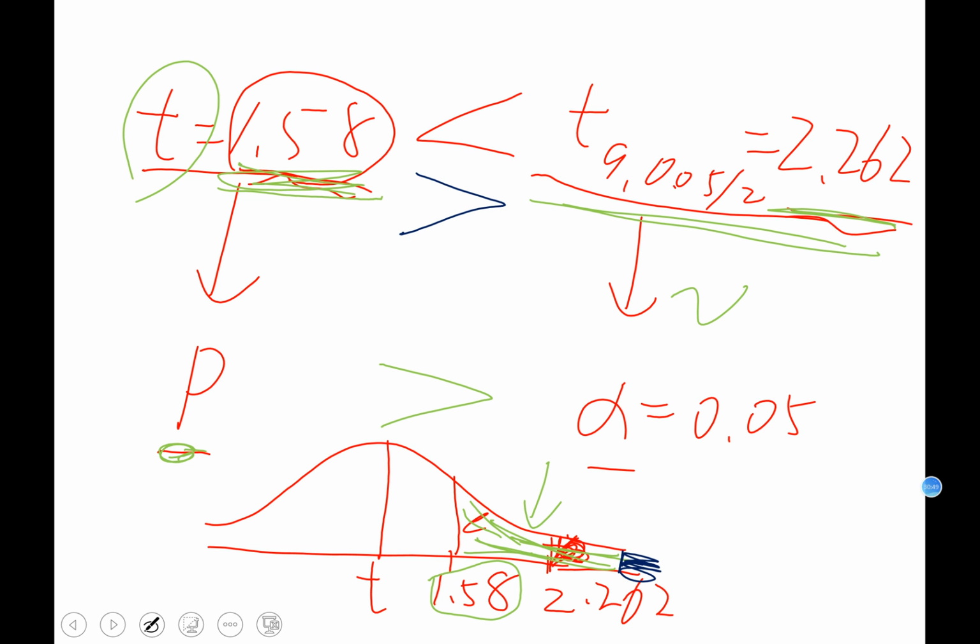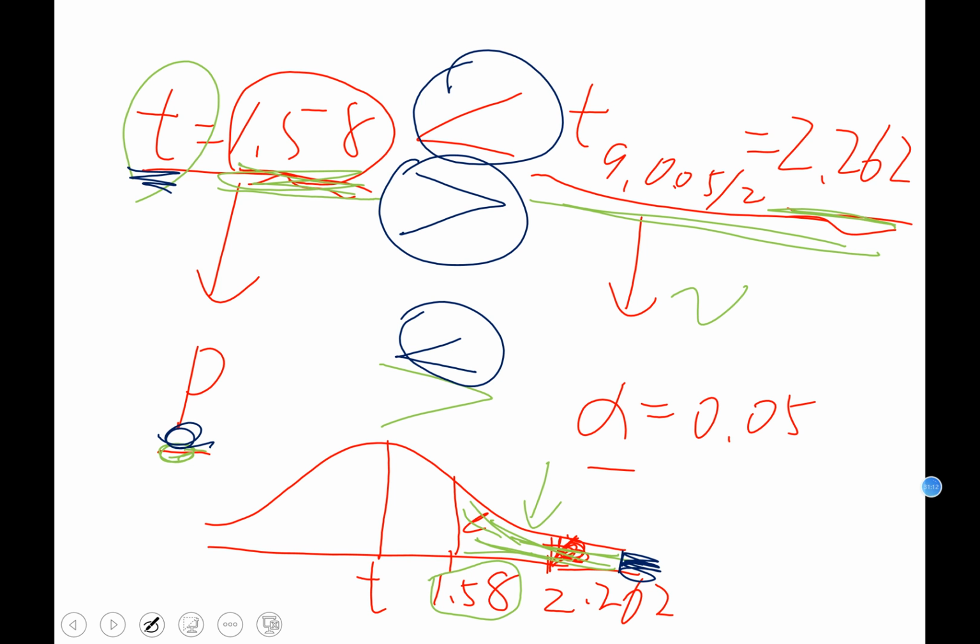So its corresponding probability, the capital P, is less than alpha. So these two symbols are opposite. If t is bigger than, its corresponding P must be less than. If t is less than, its corresponding P must be bigger than.